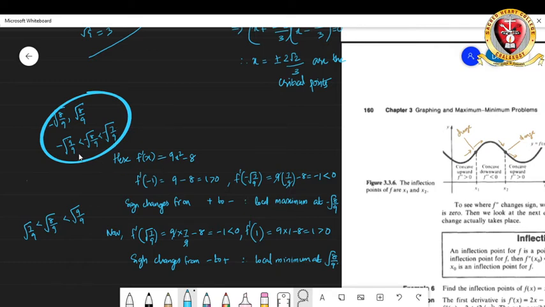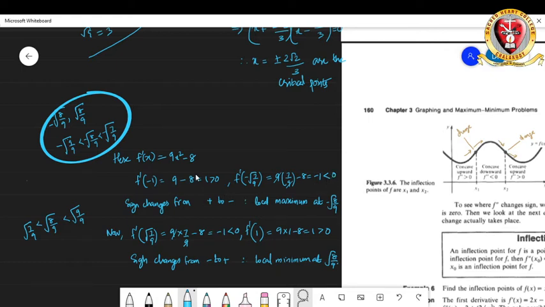So you're going to take the left one, that is minus root of 9 by 9, which is equal to minus 1. So f dash of minus 1 is equal to 9 minus 8 is equal to 1, which is strictly greater than 0. Now similarly f dash of minus root of 7 by 9, which is equal to 9 into 7 by 9 minus 8, which is equal to minus 1, which is strictly less than 0.